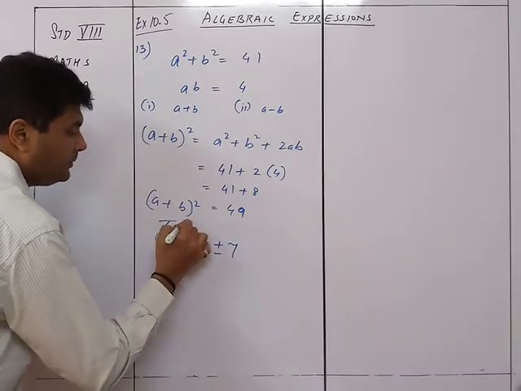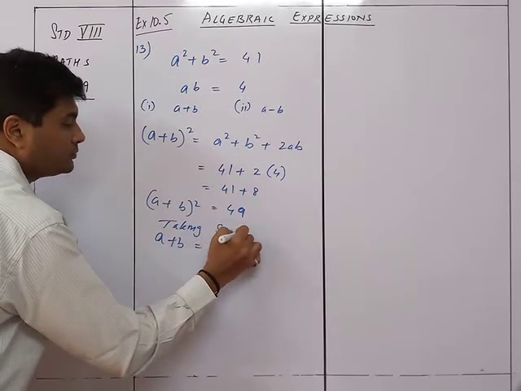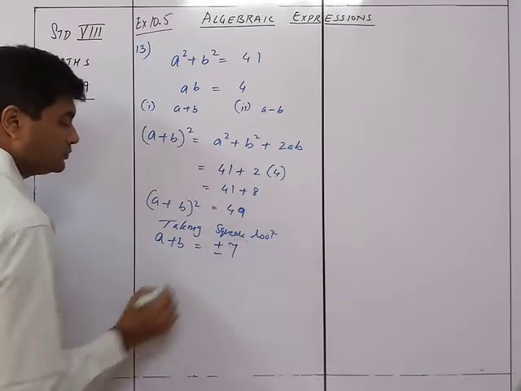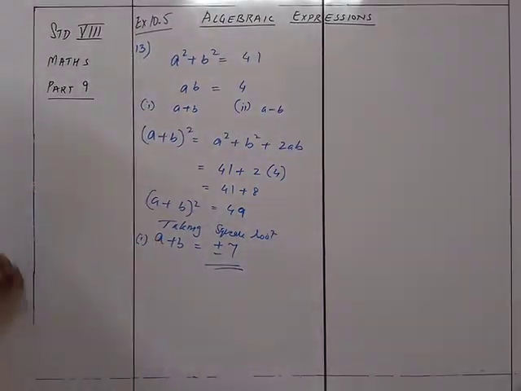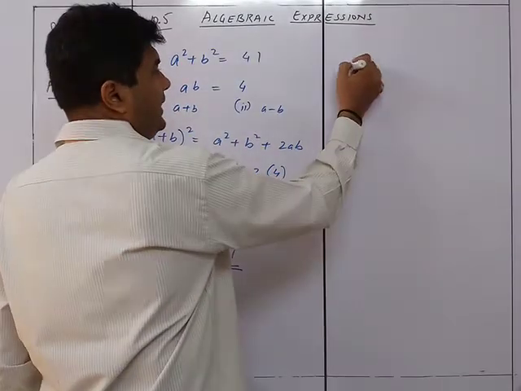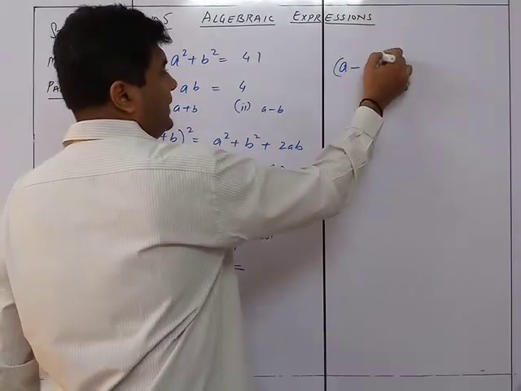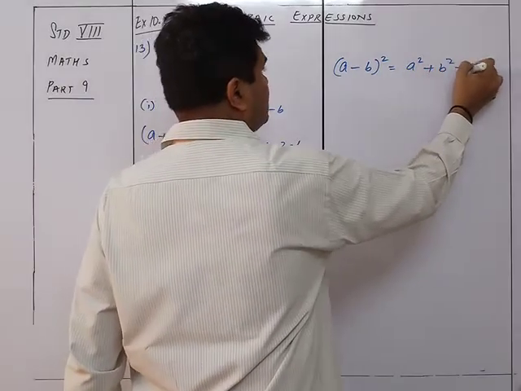That is taking square root. So that's the answer. First answer, a plus b is equal to plus or minus 7. We take the second one, a minus b the whole square is equal to a square plus b square minus 2ab.